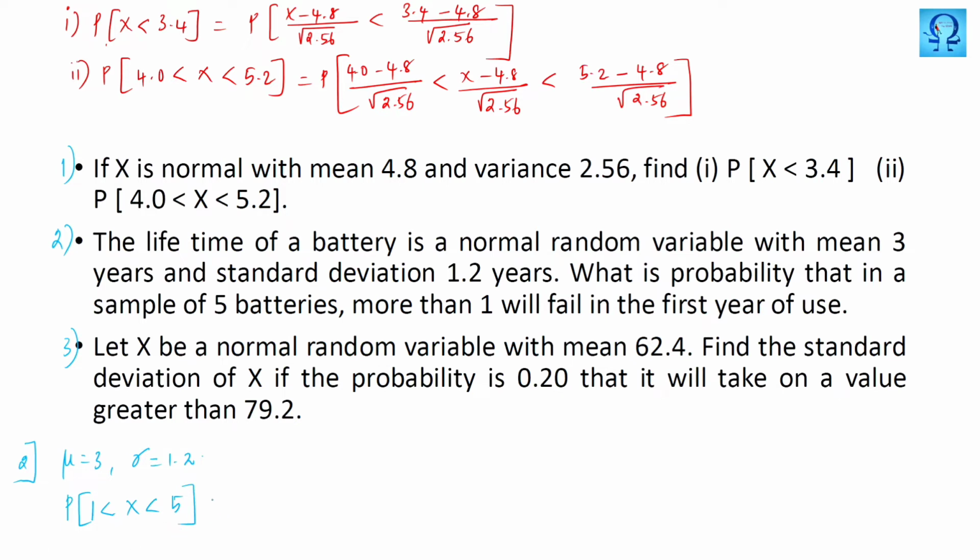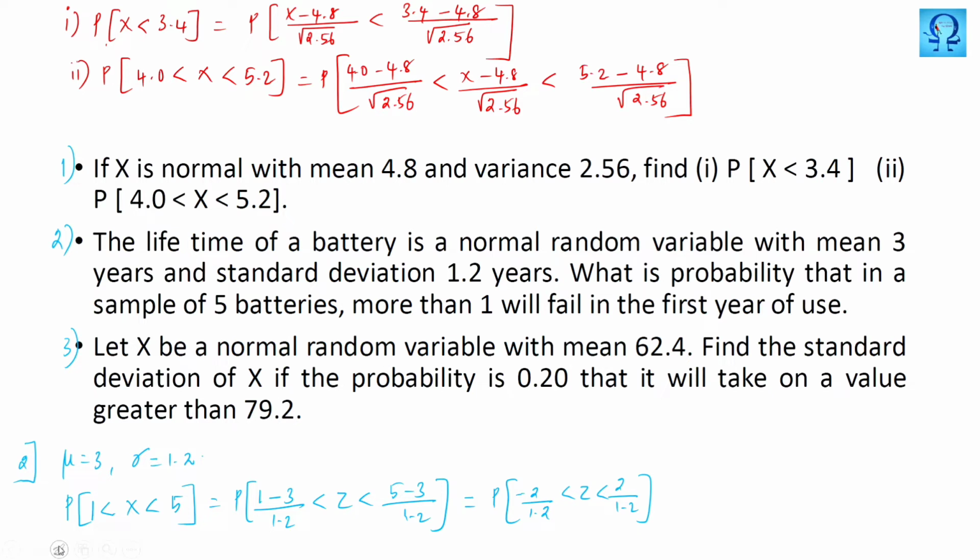So the probability of (1 minus 3) upon 1.2 smaller than z, when you standardize, smaller than (5 minus 3) upon 1.2. So it is going to be the probability of minus 2 upon 1.2 less than z less than 2 upon 1.2. You can make use of the table that is available to you, with which you can find the probability.